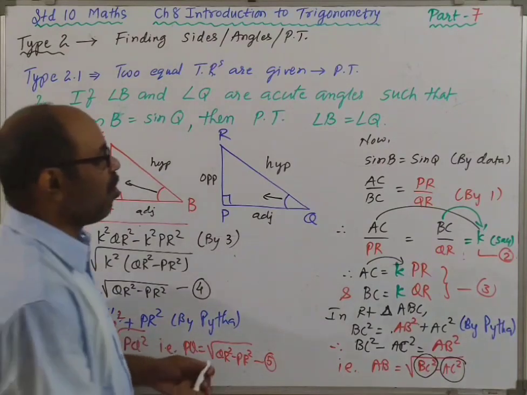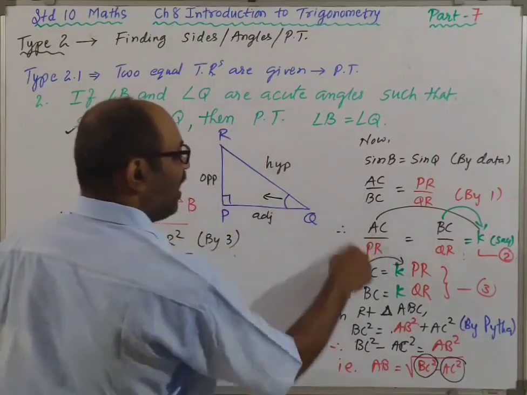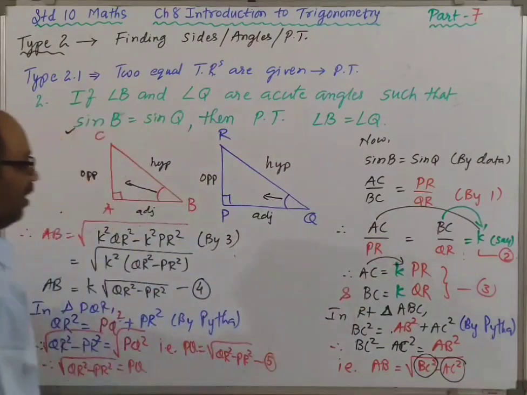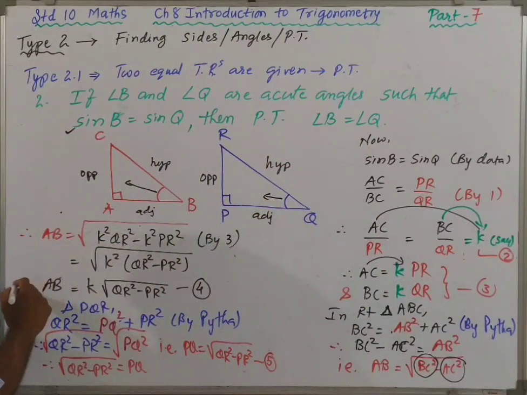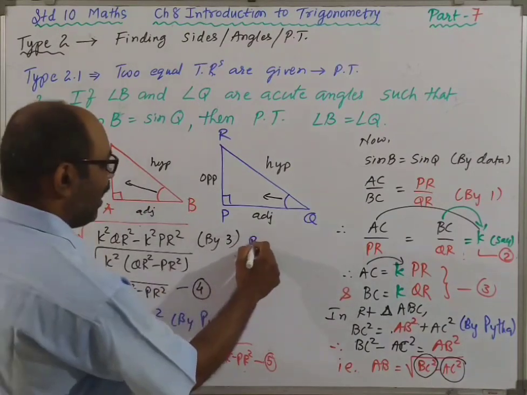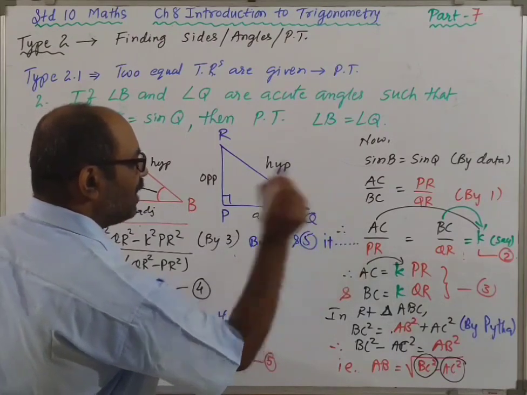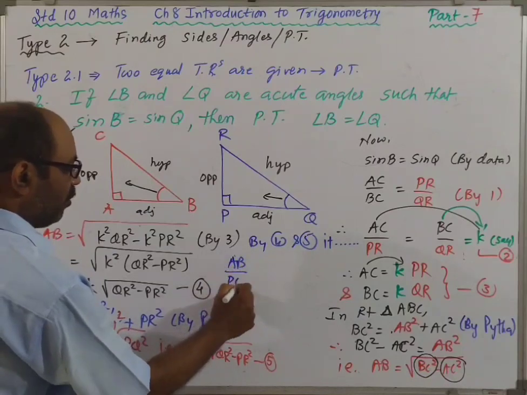Children, आपके पास AC अपॉन PR है, BC अपॉन QR है. Now you find out AB अपॉन PQ. ये रहा AB रिजल्ट 4 में, ये रहा PQ रिजल्ट 5 में. So just find out what you are getting AB upon PQ. So by 4 and 5, it follows that AB upon PQ.